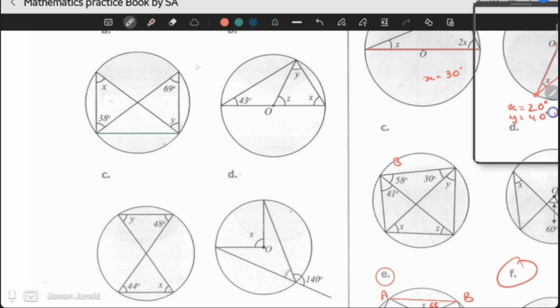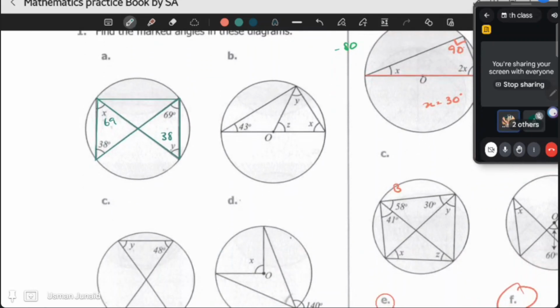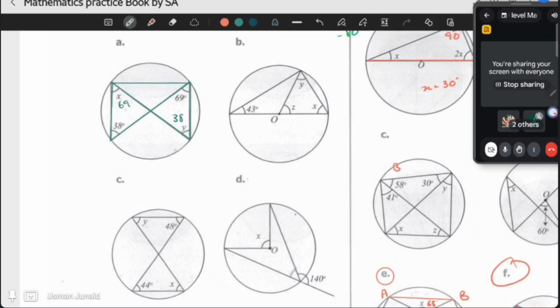Can you see यहाँ से एक क्राउन बन रहा है और यहाँ पे एक क्राउन बन रहा है. सो इसके हिसाब से x की वैल्यू क्या हो जाएगी? 69. If you do the same thing on the other side, फिर y की वैल्यू क्या हो जाएगी? 38.